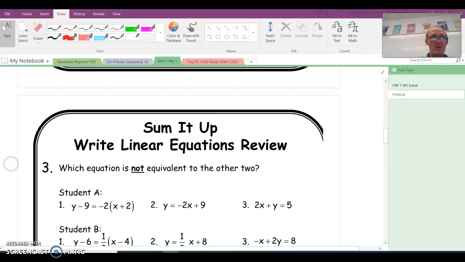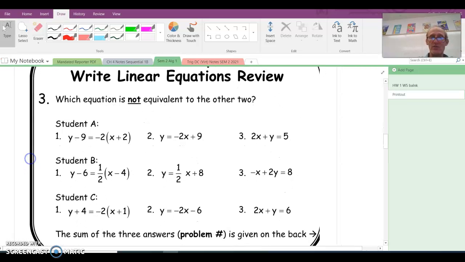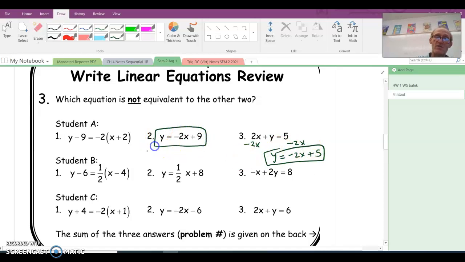Number 3, which equation is not equivalent to the other two? I think the best way to do this is to solve for y. This equation is pretty easy: y equals negative 2x plus 5. Now that's not equal to that one, so we need to figure out what this is equal to.